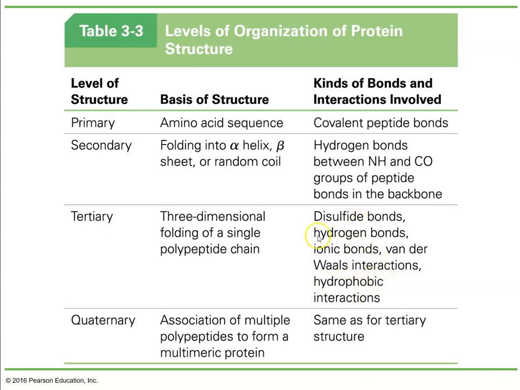All of these different types of interactions can be happening in a tertiary structure. The big thing here is that the tertiary is happening with the side chains. Secondary is happening from the backbone interactions. Tertiary is happening because of the side chains. That's the distinguishing factor between secondary and tertiary.